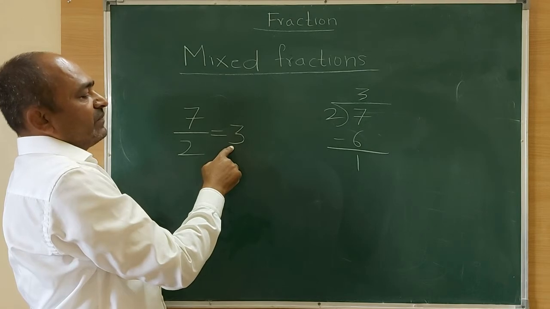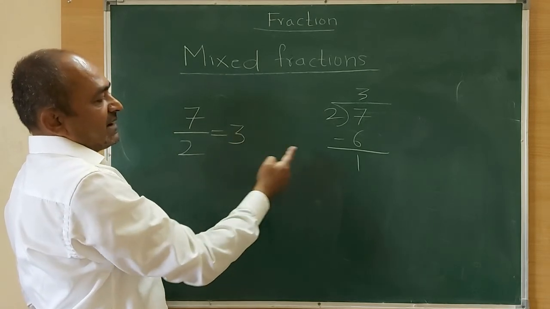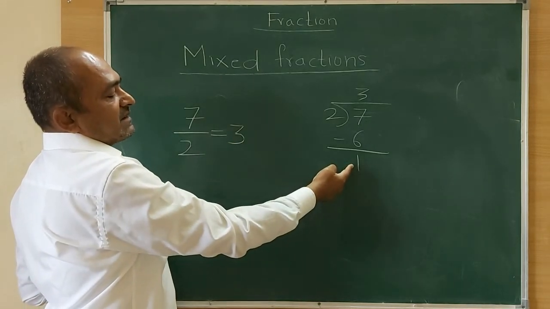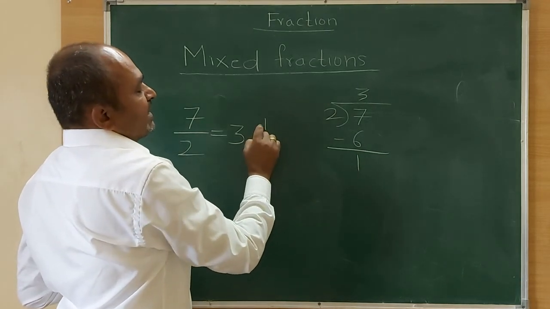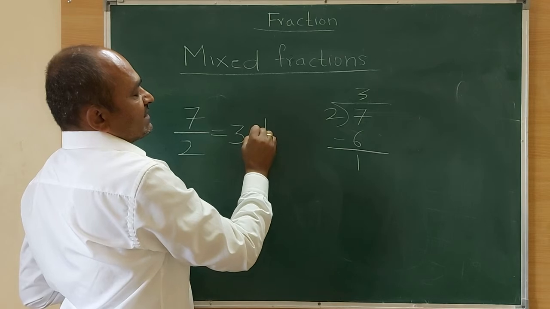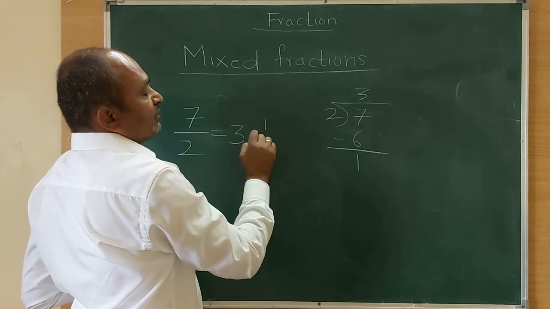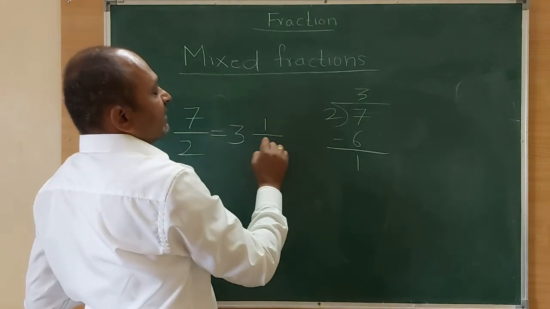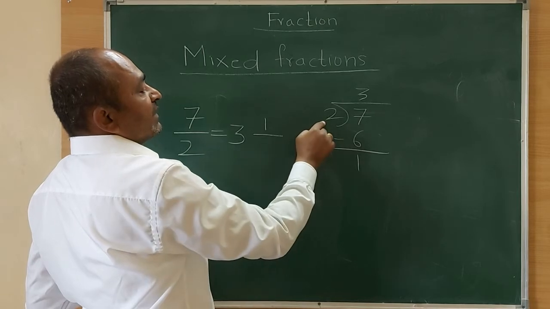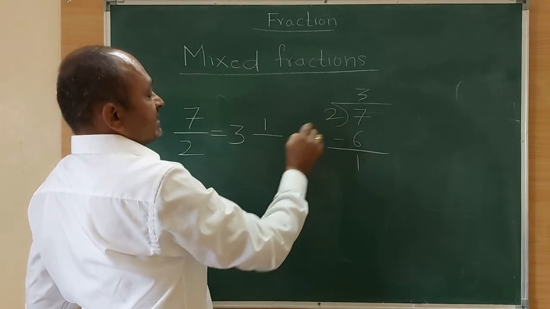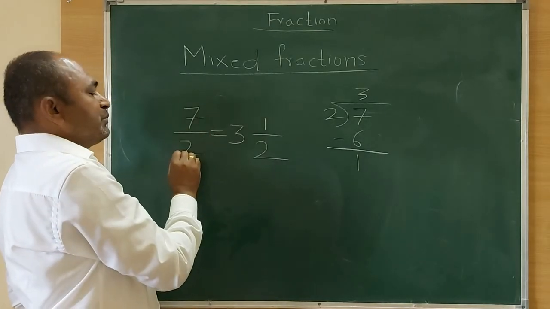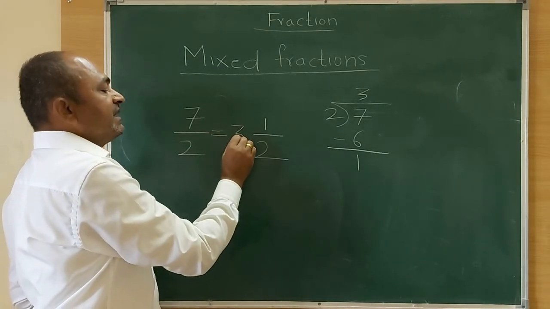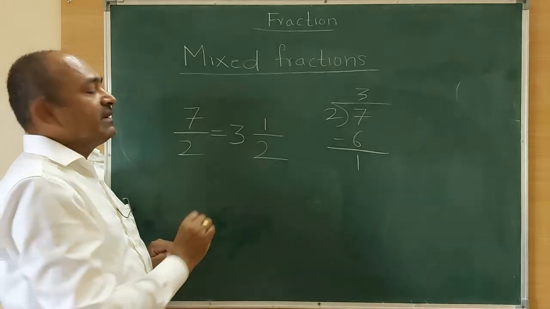3 and, this is the remainder. The remainder we write as the numerator of the fraction part, and the denominator of the fraction part is the divisor. So 7 upon 2 is equal to 3 and 1 upon 2.